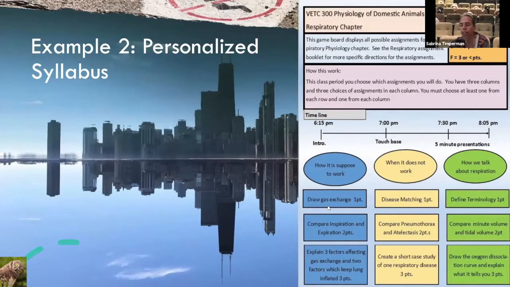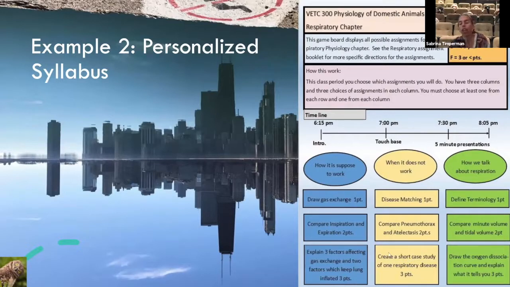They draw gas exchange and how oxygen and carbon dioxide are transported. And as they get more complicated, they can explain 3 factors affecting gas exchange and 2 factors which keep the lung inflated. They can create a case study about one respiratory disease. They can draw the oxygen dissociation curve and explain what it tells you. Again, these involve higher Bloom's taxonomy skills.